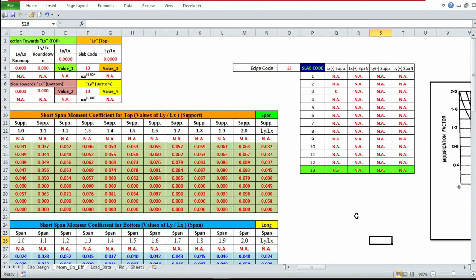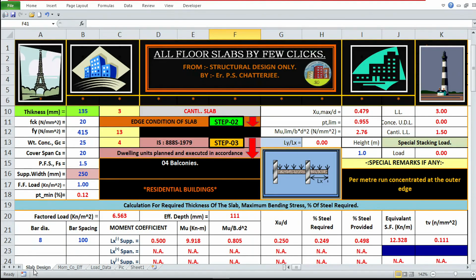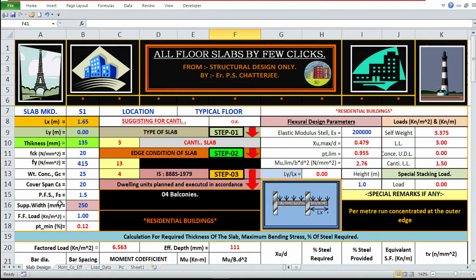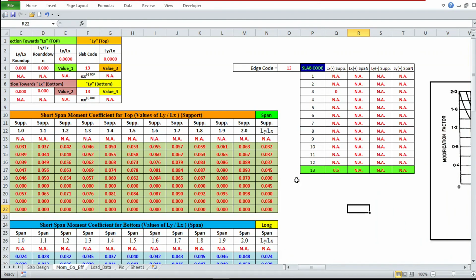I have created some table where we are going to get the value of moment coefficient. Look here, our last slab was a cantilever slab and its moment coefficient is 0.5 and the other cell is not applicable.